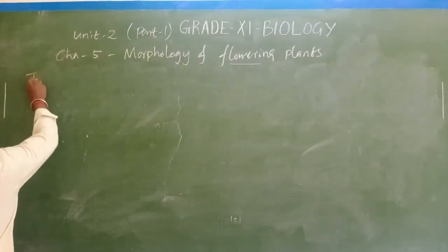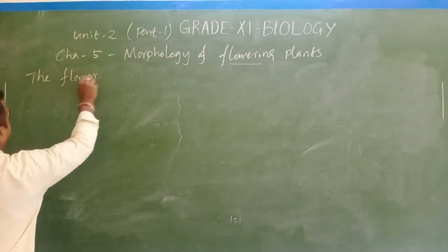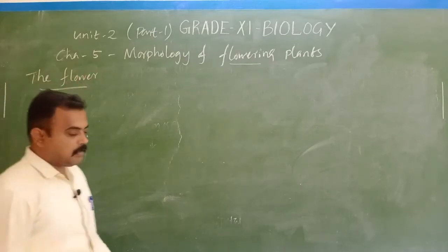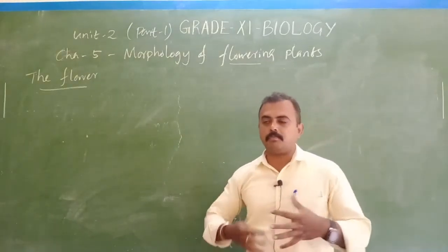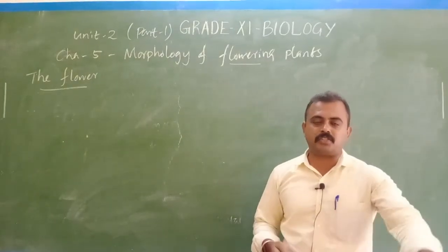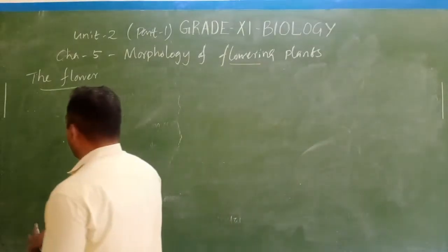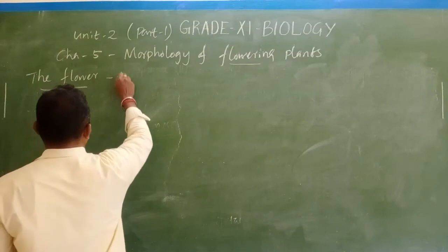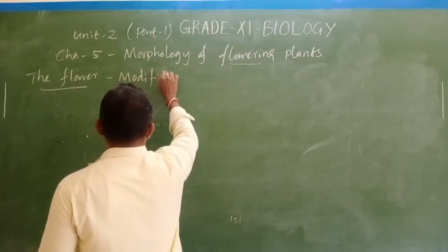The flower. Next our heading is the flower. How did the flower come? It is modified from which? Actually, here the flower is a modified shoot.